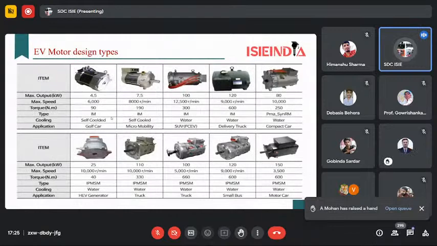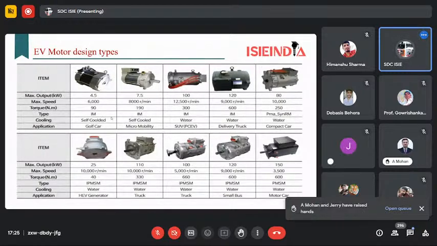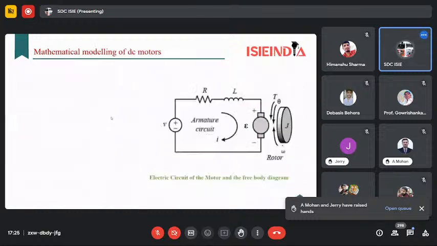Basically in the EV field, in electric vehicles, we are using the induction motor, the permanent magnet synchronous motor most of the time, and the IPMS motor, which is the internal permanent magnet synchronous reluctance motor, for higher torque and to overcome some of the drawbacks being faced. But these are the motors used for the four-wheeler, whereas the preferable choice for two-wheelers and three-wheelers is the BLDC or hub motor only.